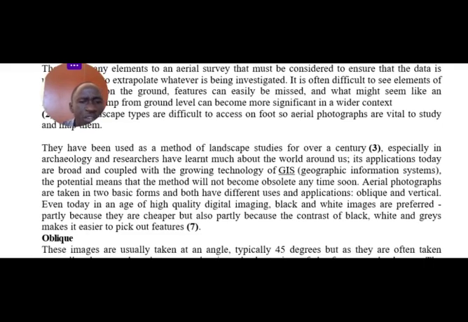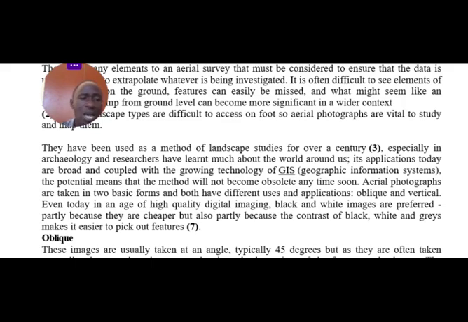And they are saying that they have been used as a method of landscape study for centuries, and archaeologists and researchers have learned much about the world around us. They are saying that its applications today are broad, coupled with the growing technology of what we call the Geographical Information System, or the GIS.